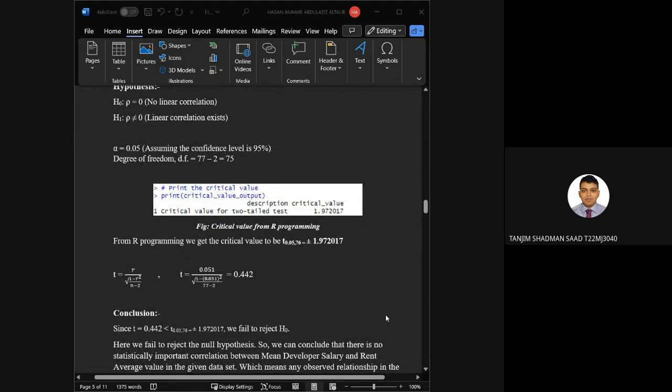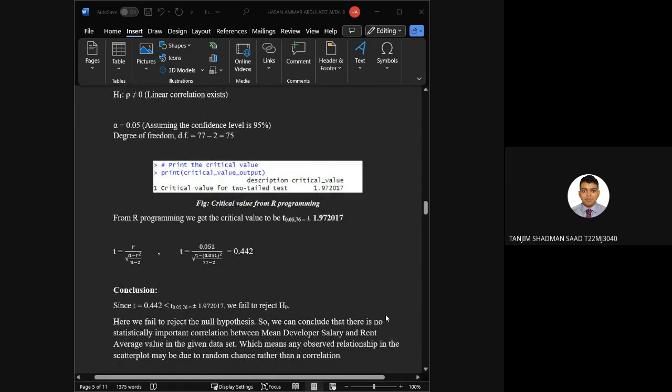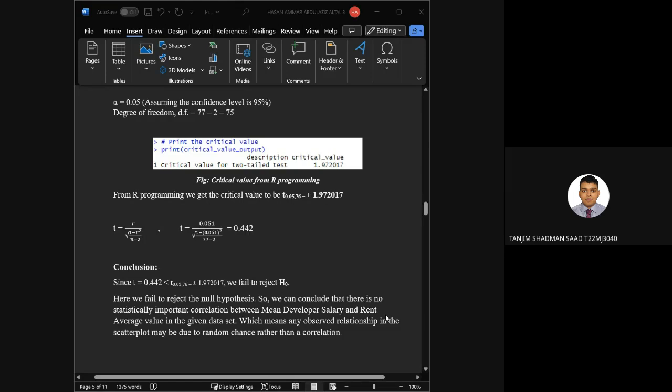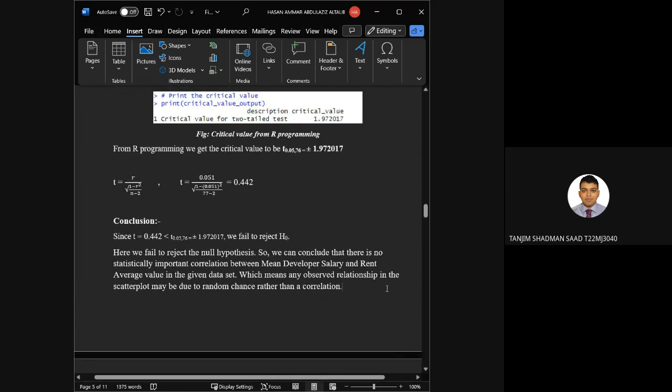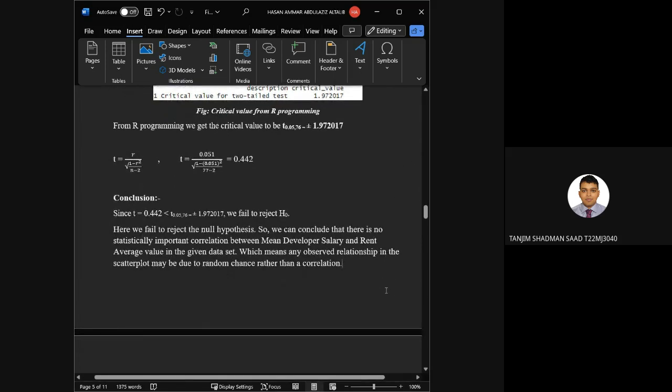After doing the analysis, we find that t is equal to 0.442. So for the conclusion of our correlation test, as t is equal to 0.442, which is less than 1.97, we fail to reject H0, which is the null hypothesis.